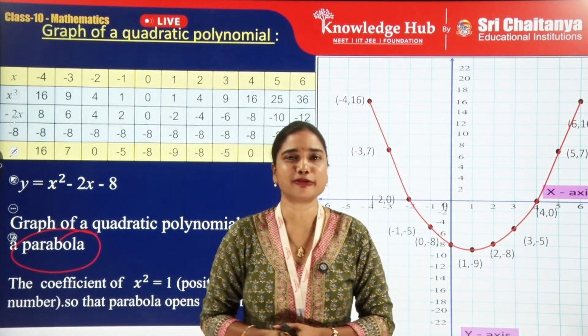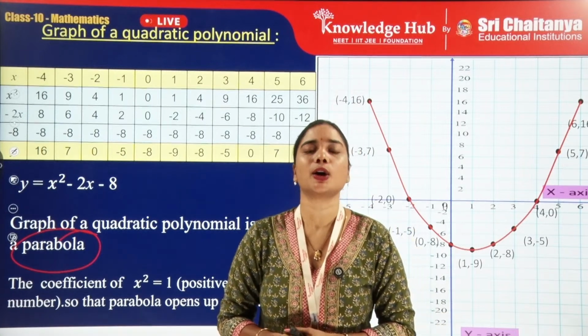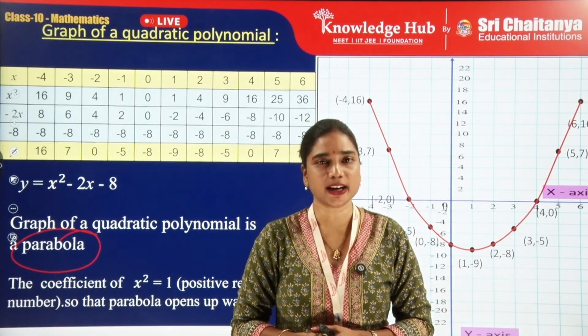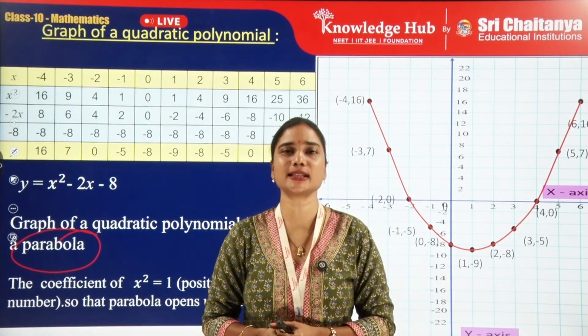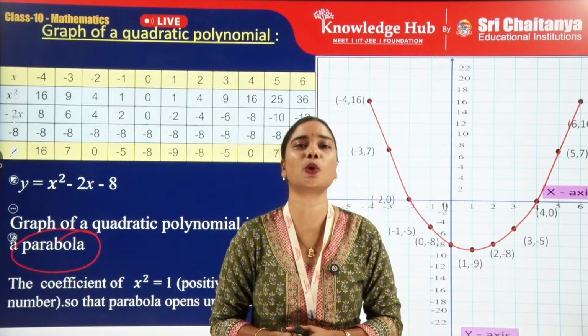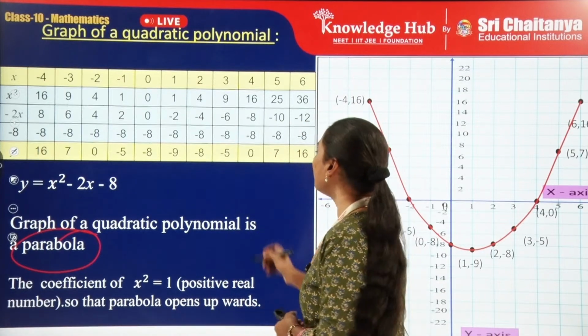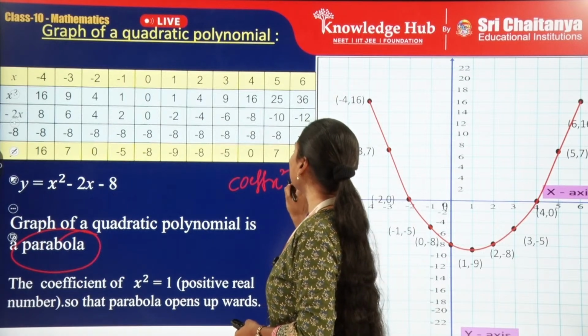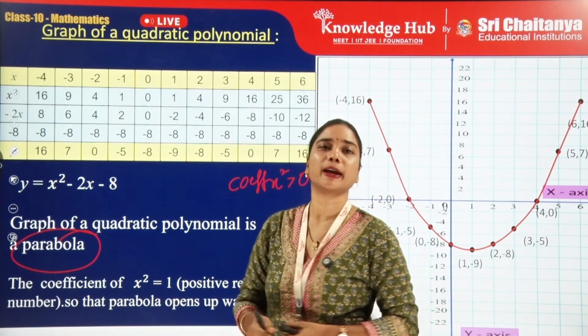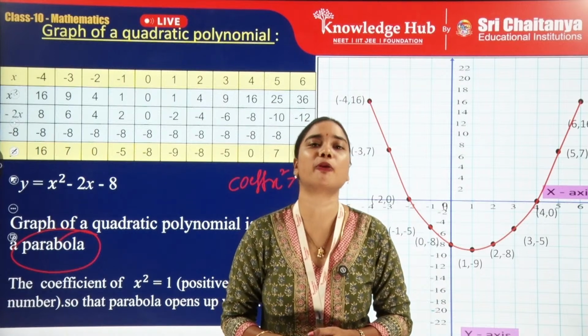What is the reason behind that? The graph of a quadratic polynomial opens upward because the coefficient of x square is positive, which is more than 0. When the coefficient of x square is more than 0, the parabola opens in the upward direction.